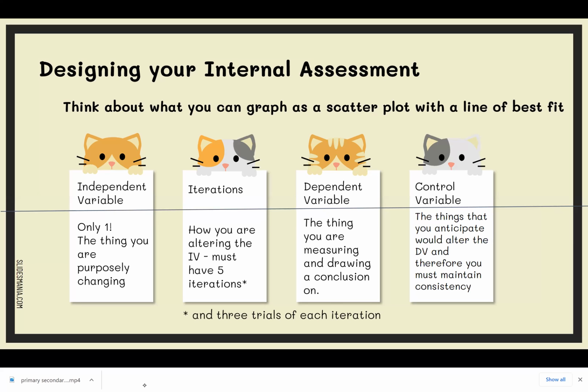So same thing with your experiment. You want to just change one thing to see if it has an effect on our dependent variable. So our dependent variable is the thing that we're measuring and drawing a conclusion on. So we should pick something that we think will have an effect on the dependent variable. And there could be a whole bunch of different things that affect it.